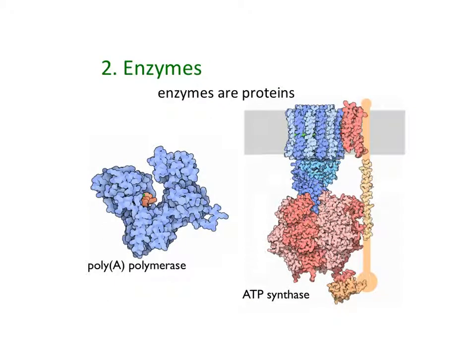So one category of protein are enzymes. And so here's two examples of enzymes again. The way that an enzyme works is that it helps catalyze reactions. So enzymes catalyze reactions, which is just another way of saying that they facilitate.